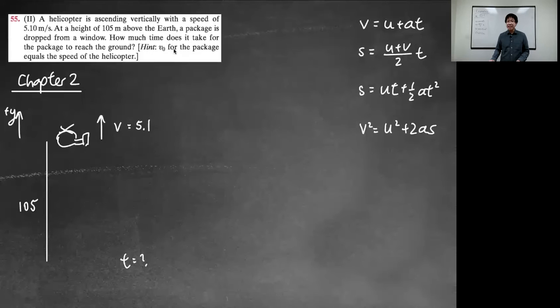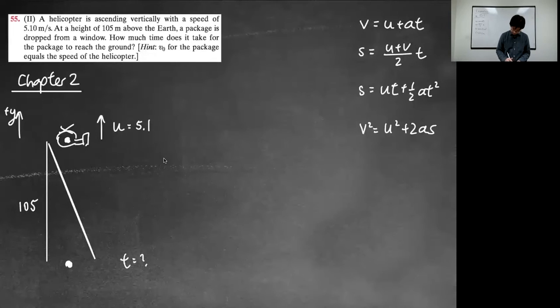There's a hint that says V0, the initial velocity of the package, equals the speed of the helicopter. It's ascending at this speed, so that is now the initial velocity of the package. The package is going to drop from here to here, that's the path.